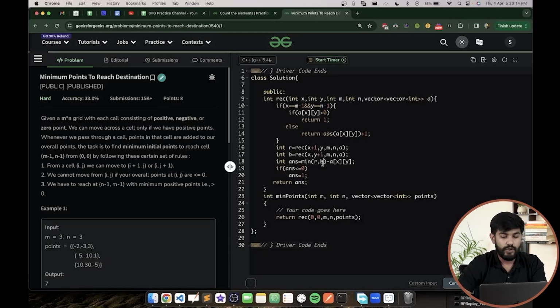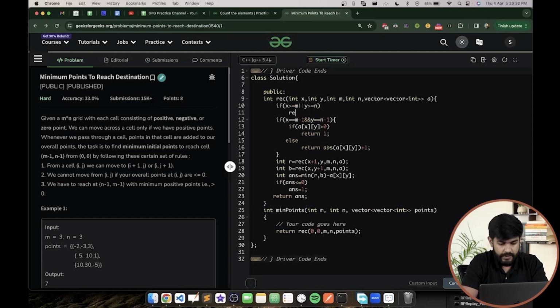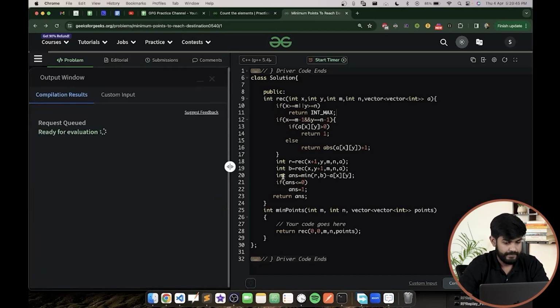So what I can say is that if x is more than or equal to m, or y is more than or equal to n, then return a very big value like int max. Now let us compile and again see.